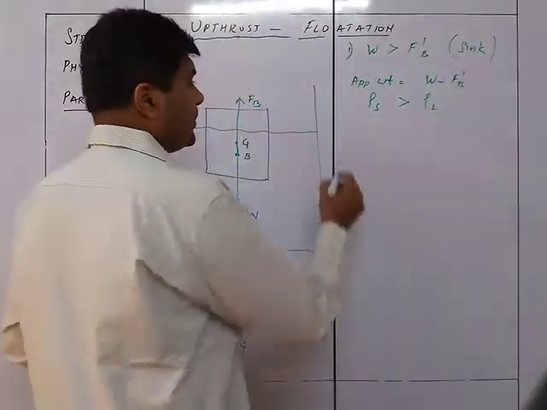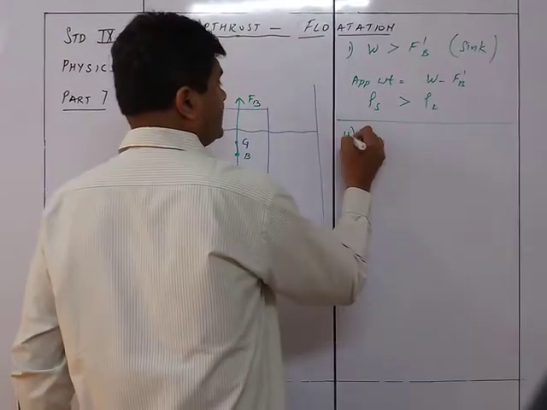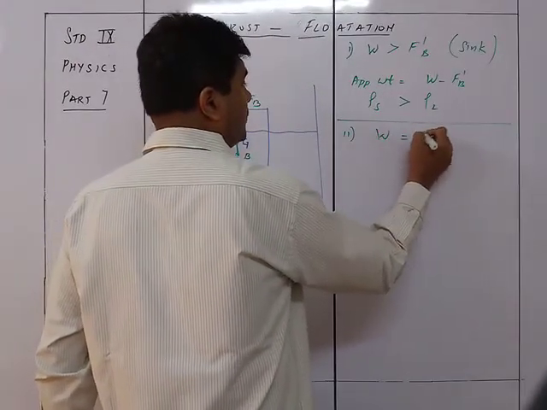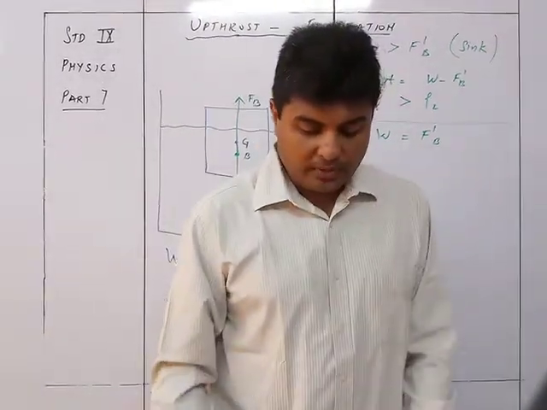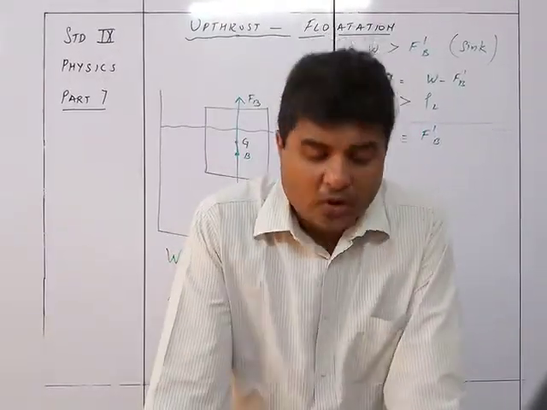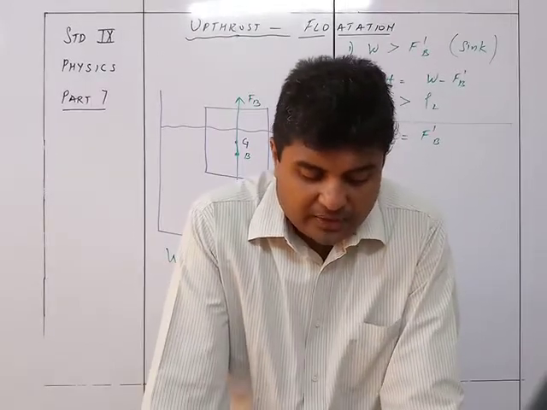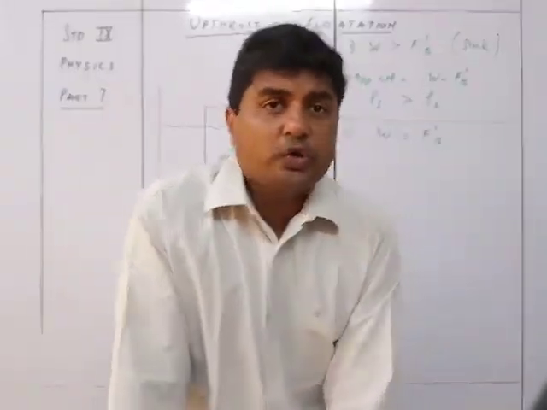The second condition is where W is equal to F'B. So if W is equal to F'B, the weight of the body is equal to the weight of the displaced liquid. In this case, the body is going to float.